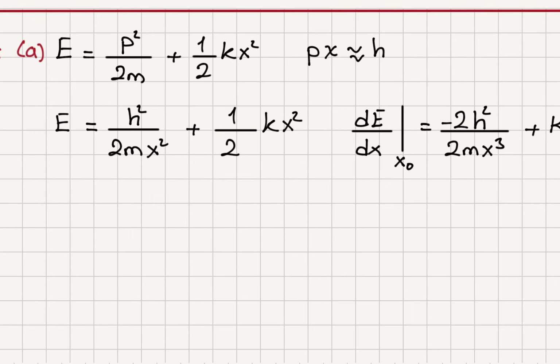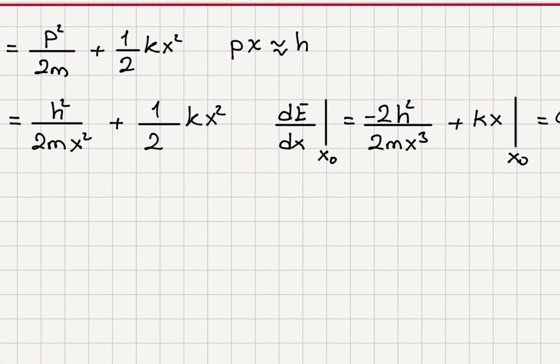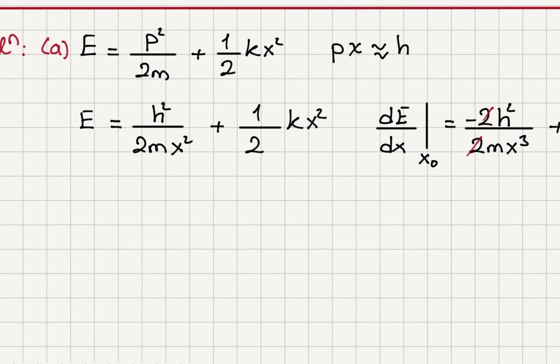So if I substitute x = x0 here, because these 2's will cancel out, I will obtain minus h²/mx0³ is equal to minus kx0. The minus signs cancel.